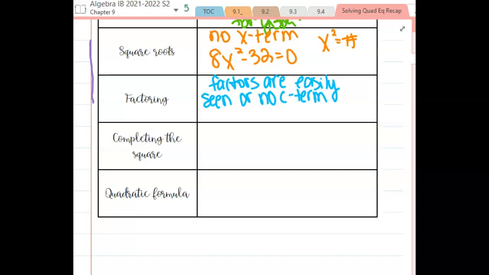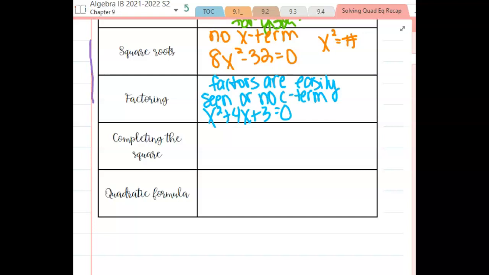So let's talk about the factors easily seen first. If I have x squared plus 4x plus 3 equals 0, remember to solve by factoring, you want to write the two parentheses, and figure out, okay, here's my F, here's my L. Well, 3 times 1 would give me 3, and that would give me 4. Those factors are really easy to see. We go ahead and factor it and solve from there.